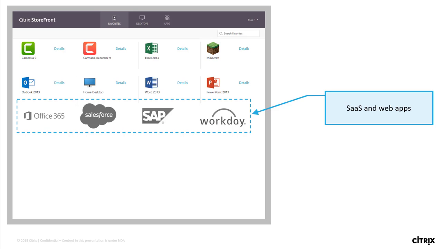Every day, I use Word, PowerPoint, and Outlook within a local VDI session, though I could use them as SaaS apps. But I'm also using many different SaaS applications throughout the day. These are not integrated into my StoreFront environment, which becomes a challenge because it breaks the overall user experience, having to go to different places to get access to all my applications.